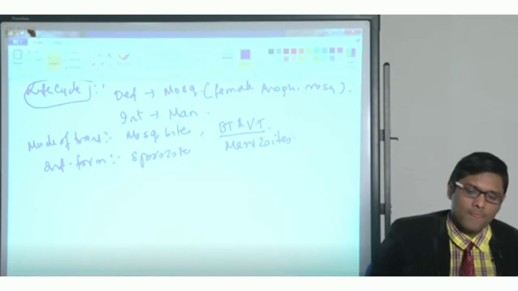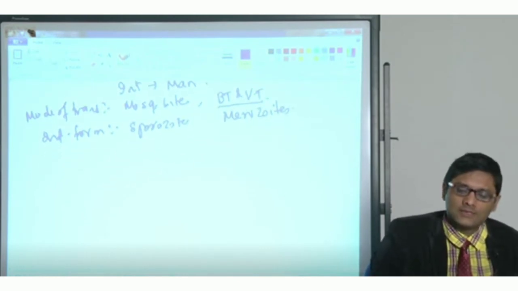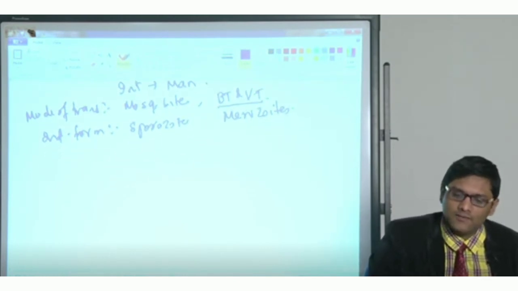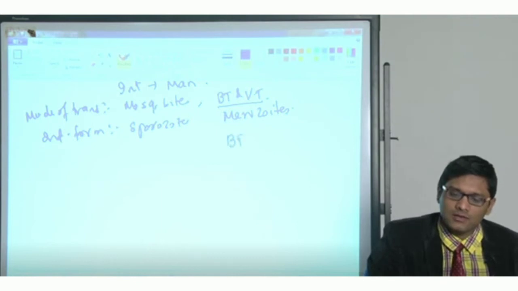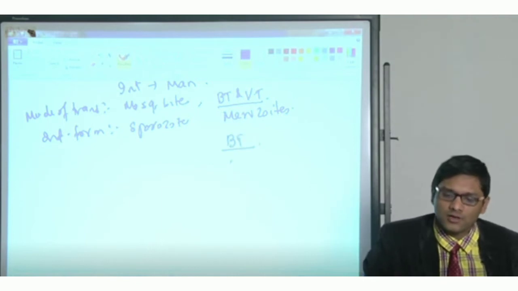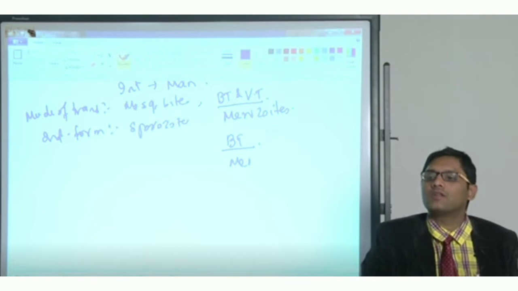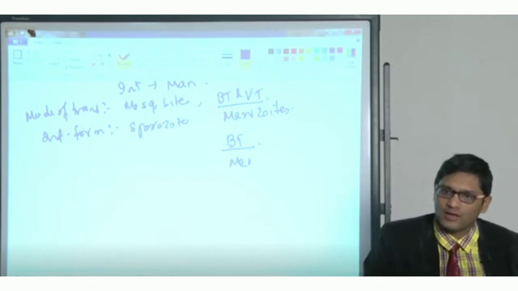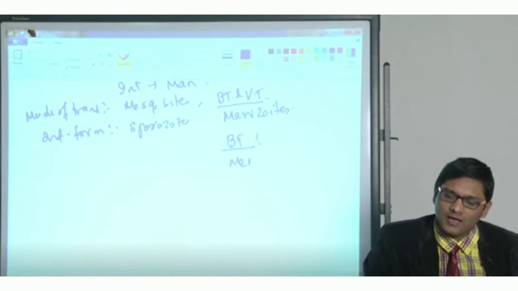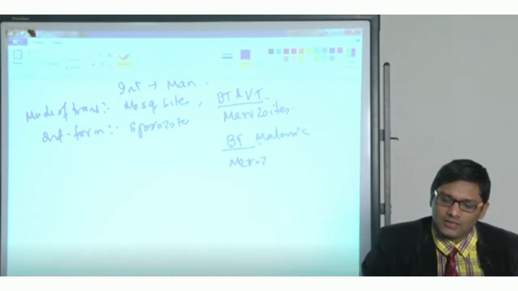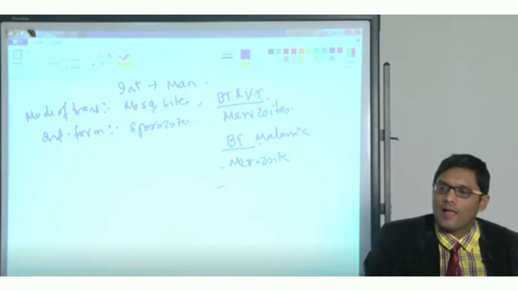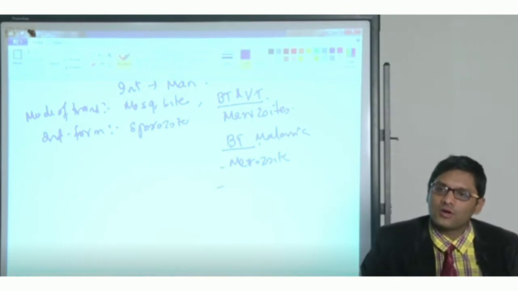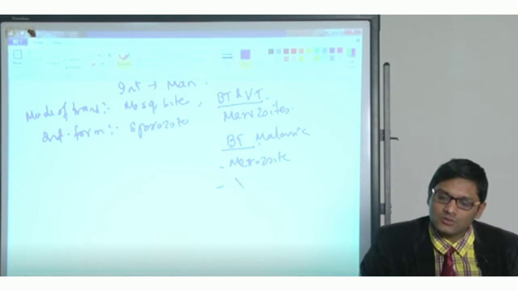Okay, and in such case, if in blood transfusion, what are the differences? Transfusion associated malaria, how is it different from the mosquito borne malaria? If it is transfusion associated malaria, then of course, as I told you, merozoites are the infective form, and directly the merozoites will be entering the blood. So there is no liver cycle.